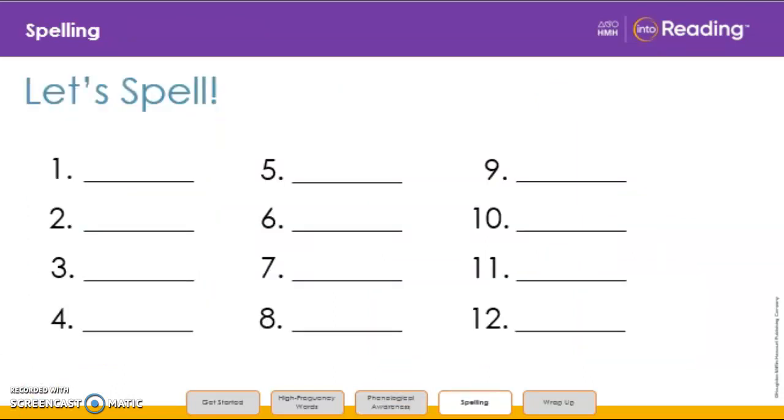All right, our next words are our spelling words that we've been working on, okay? So what I'm going to do is read through these, and you can write them on a piece of paper, and then you can self-check them as you go through them. All right? Okay. The first word is stem.